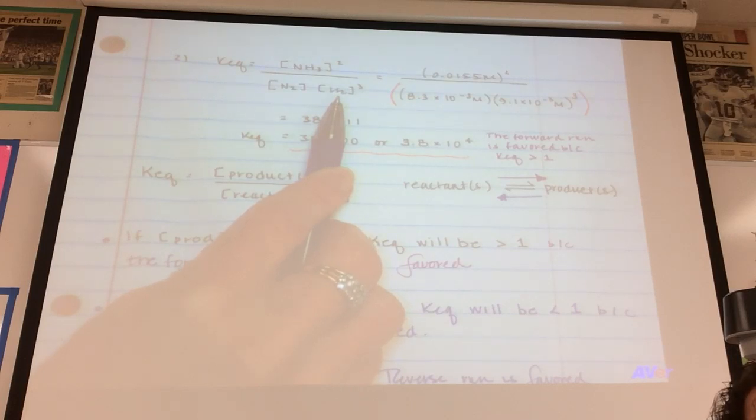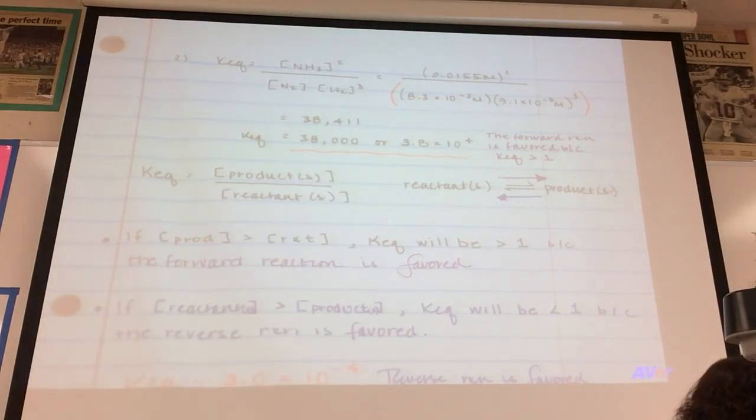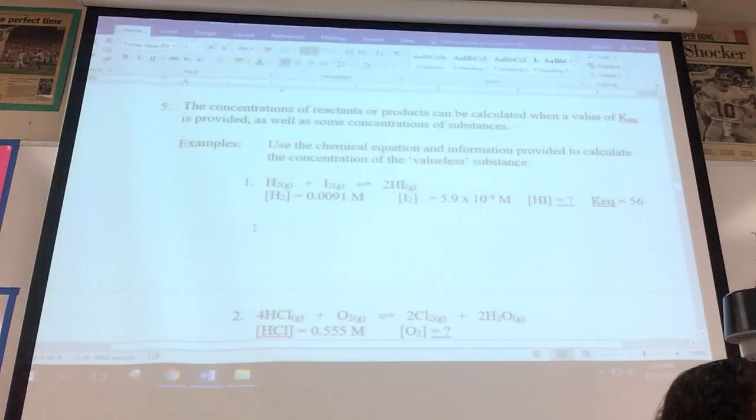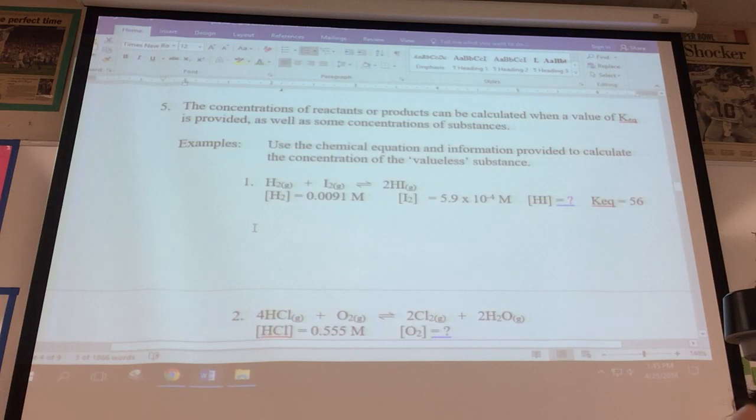Not difficult. Be very meticulous with your setup. You need to be able to manipulate variables and use your calculator, and it should be very straightforward. So that's what we're going to look at in the next section here. We're going to walk through several problems together, and then you'll have the opportunity to do some practice problems.